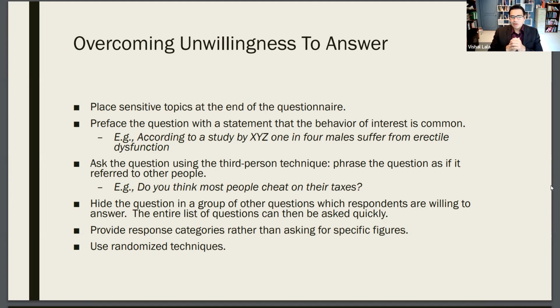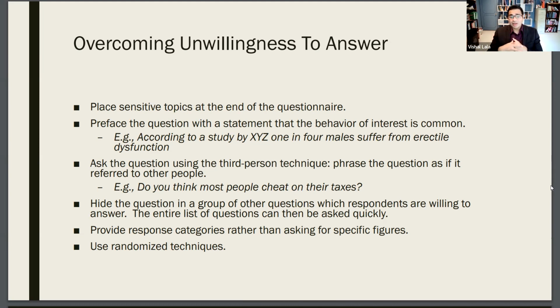As far as possible, provide response categories rather than asking for specific figures. This is particularly true when you're asking about something like income or age. Don't ask somebody, how old are you? Blank, or type in your age or type in your income. Nobody wants to give exact numbers. Nobody wants to answer age or income questions in general.